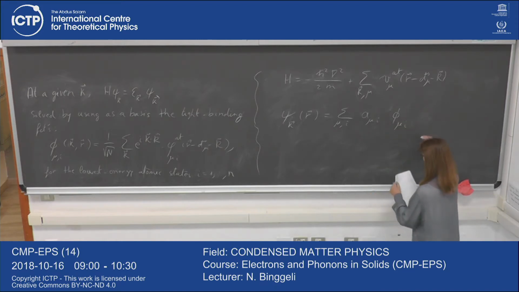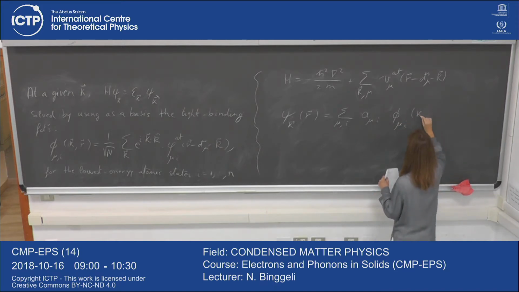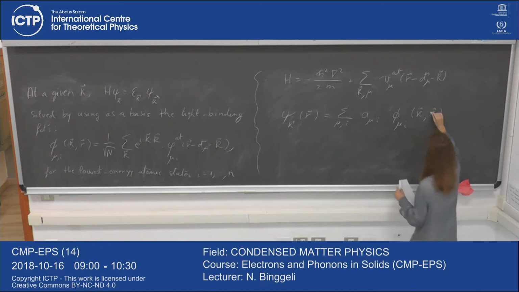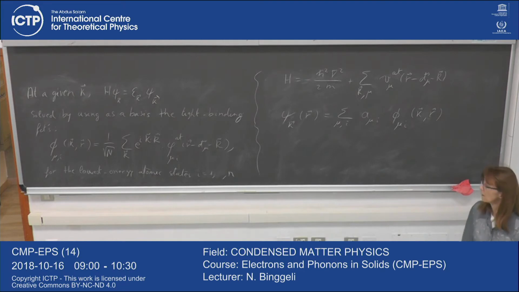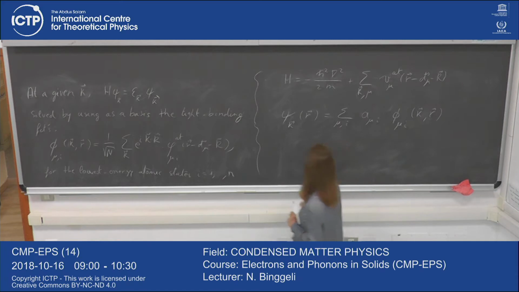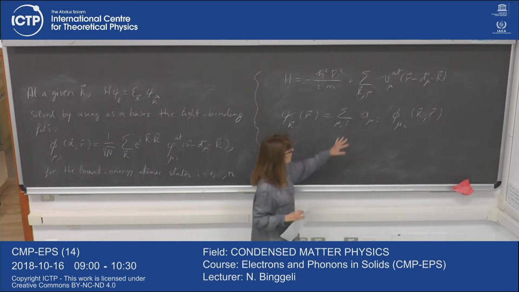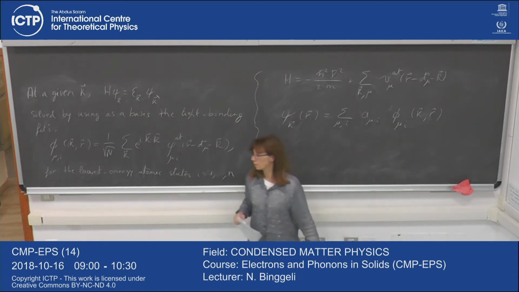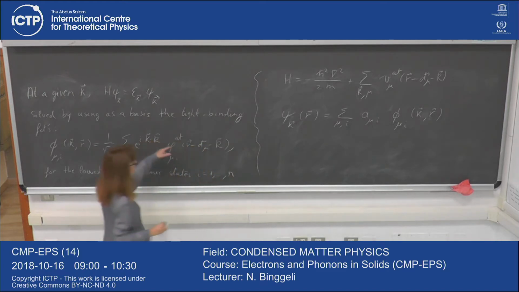So these are my tight binding basis functions for the k point k, and this is a function of r. So I'm writing the solution for my crystal Hamiltonian as an expansion on the basis functions, which are these functions.